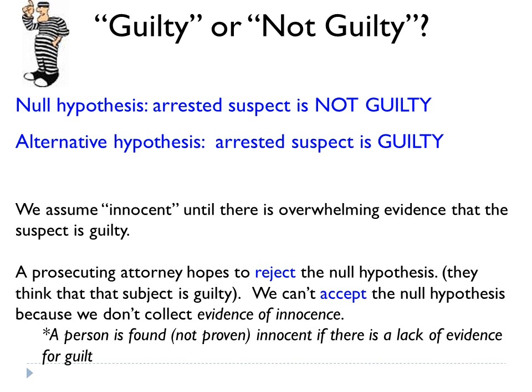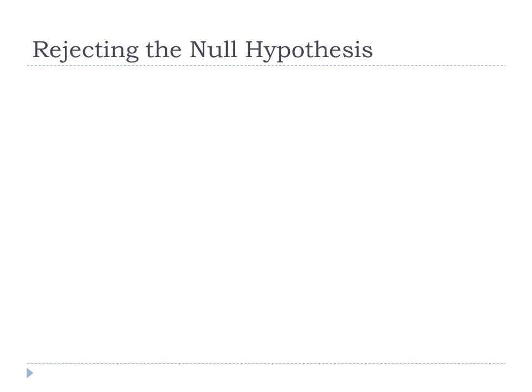Another way to think about this: a person is found innocent, not proven innocent, if there's a lack of evidence for guilt, right? We fail to reject the null hypothesis if we don't have enough evidence to overturn it. But we don't go out and collect evidence for the null hypothesis. We're collecting evidence for the alternative hypothesis, right?